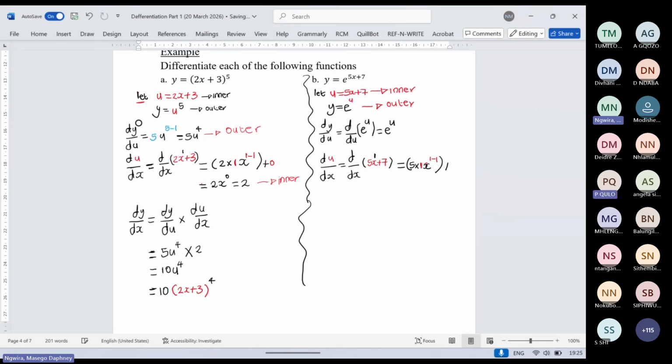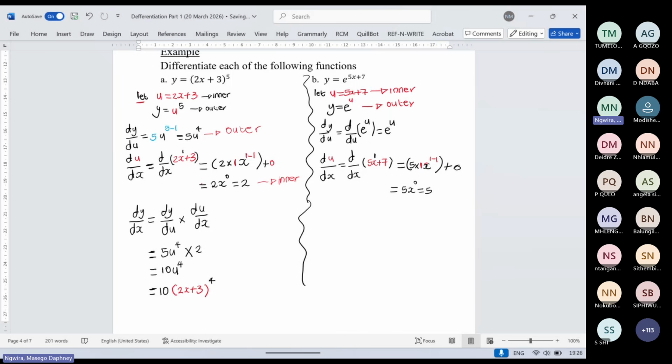You don't have to. Plus, the derivative of 7 is 0. It's not going to change. So my answer is going to be 5x to the power of 0, which is 5. This is 5, what I did on my left side.